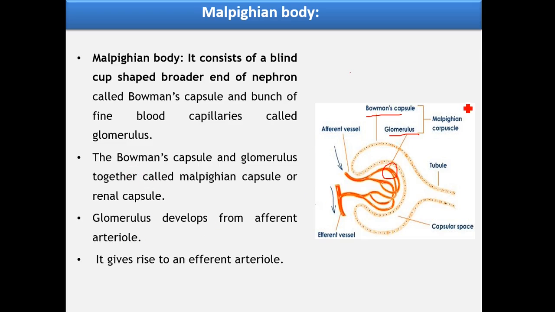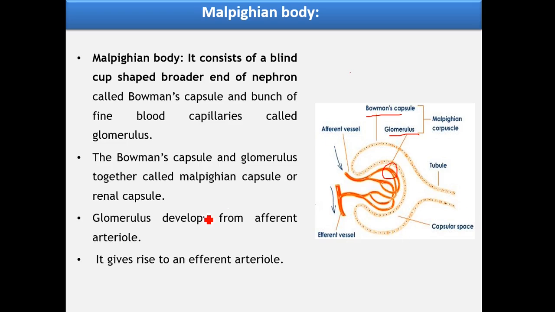These afferent arterioles enter each Bowman's capsule. Later, it divides into a bunch of thin capillaries called glomerulus, a fine tuft of capillaries, which are meant for filtration.